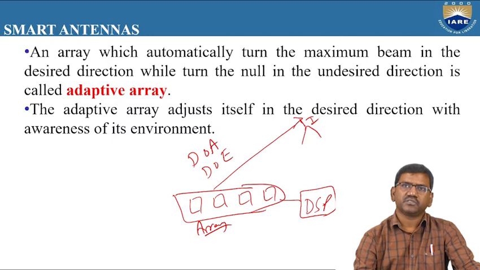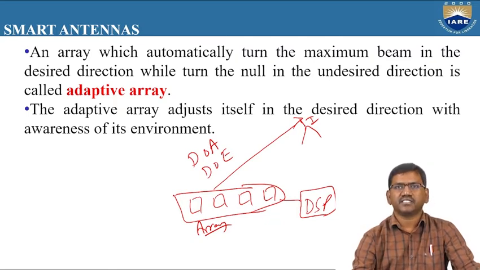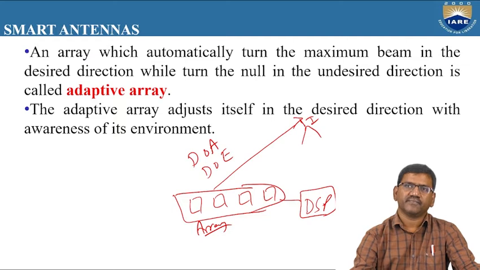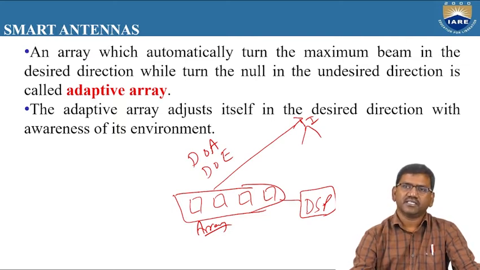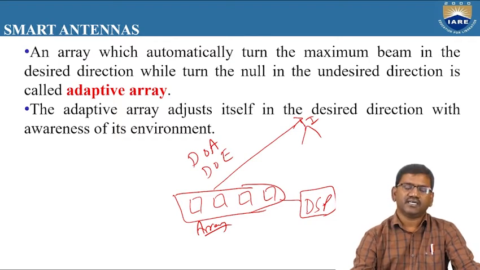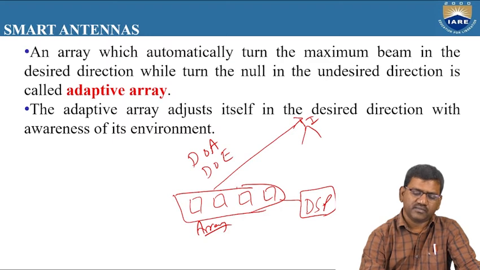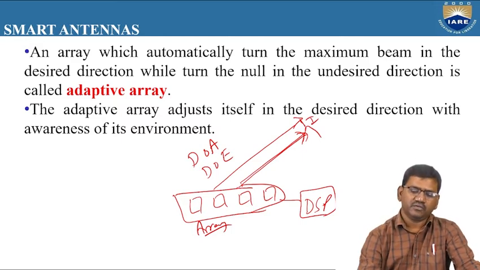Based upon these two calculations, DOA and DOE, performed by the DSP with some mathematical analysis, the DSP will allocate the complete radiation pattern to the user 1. That means it will establish a connection, the complete radiation pattern of the adaptive array, to the user 1.